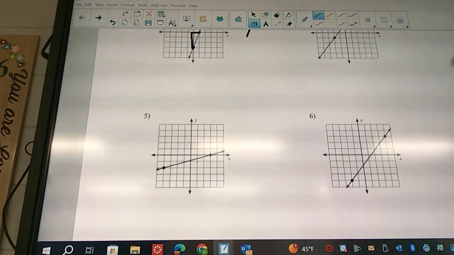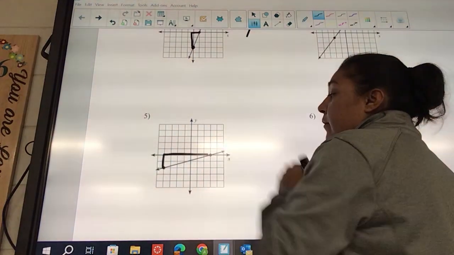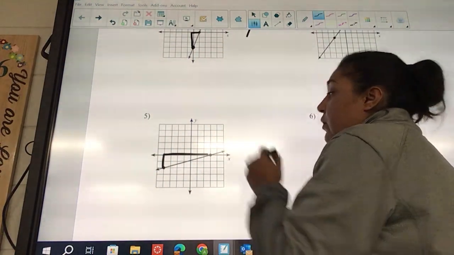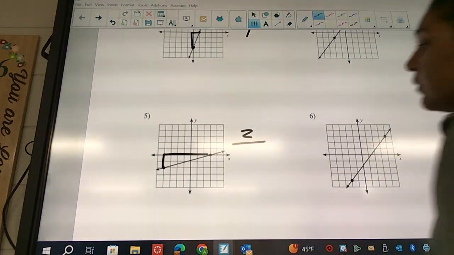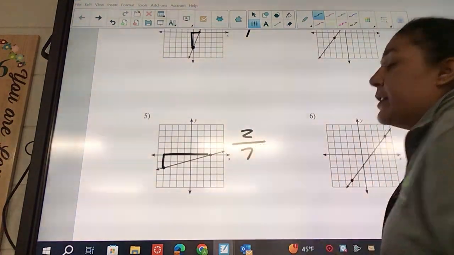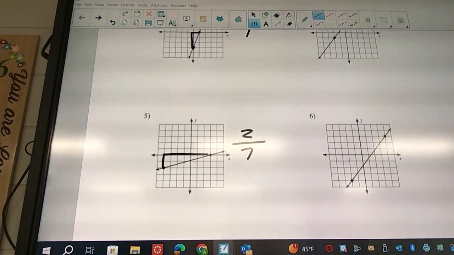Number 5, how much are we going to rise? 2. How much are we going to run? 7. Is that a positive or a negative slope? Positive.